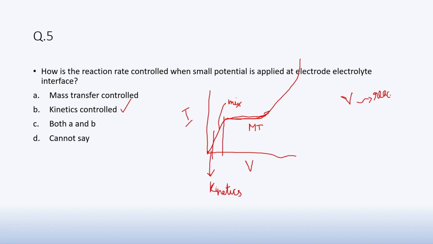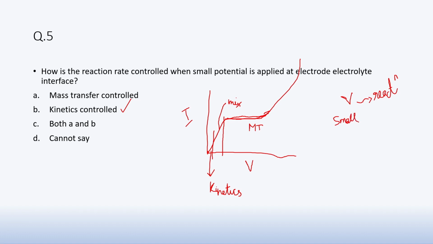Now this potential can be any value. What happens when the potential value is small? Basically, when you are applying a potential, you are forcing a reaction to happen at the surface. What if the potential, as mentioned in the question, is very small?